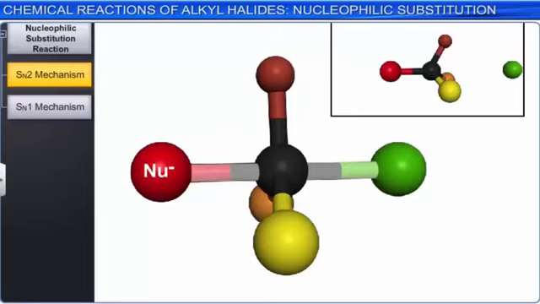As the bond between the nucleophile and the carbon atom forms, the bond between the carbon and the leaving group weakens. The nucleophile essentially pushes the leaving group off the carbon atom. There is only one type of product in an SN2 reaction.